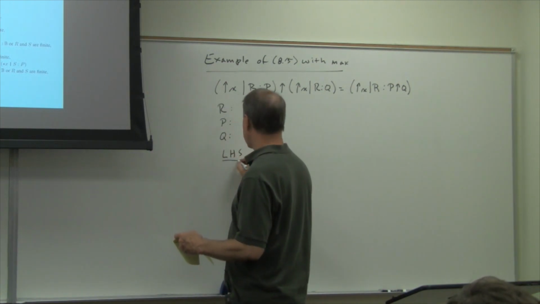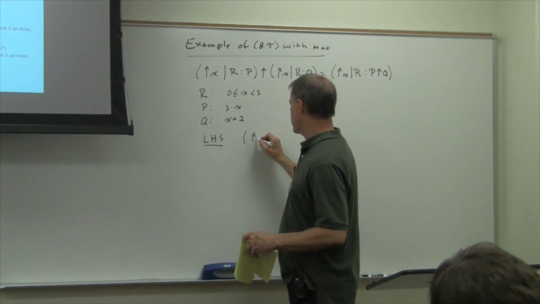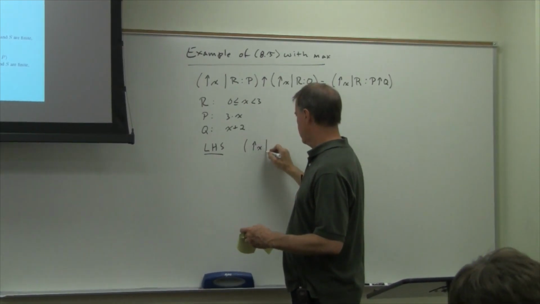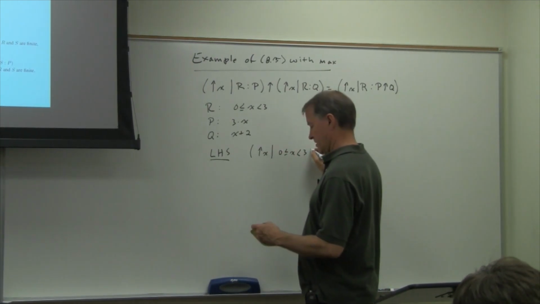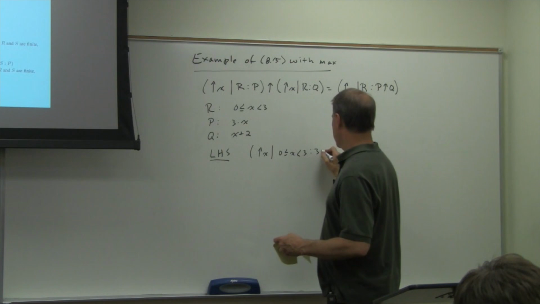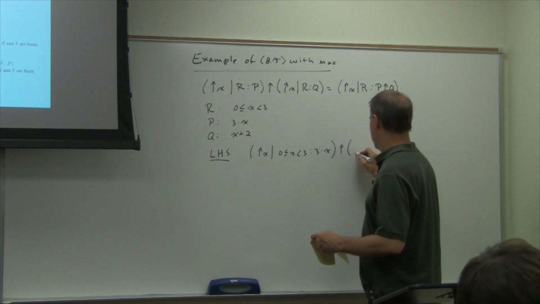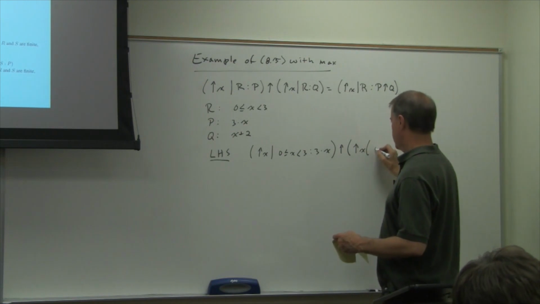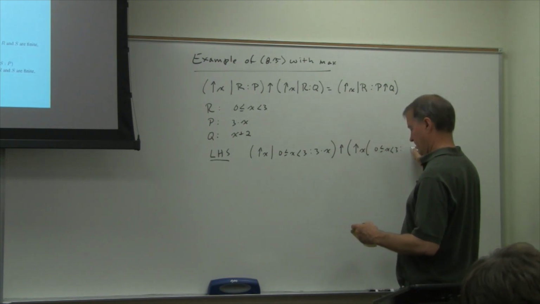So the left hand side is max over x, 0 less than or equal to x less than 3, body 3 times x, max max over x, range 0 less than or equal to x less than 3, body x plus 2.